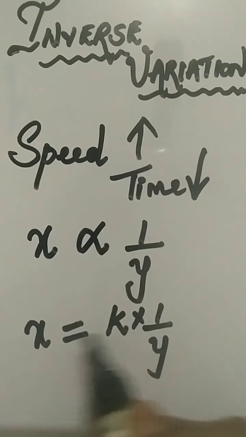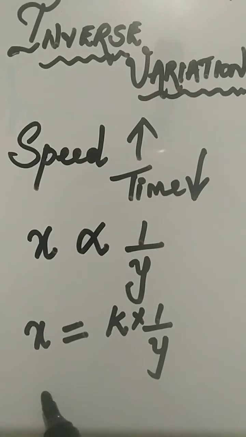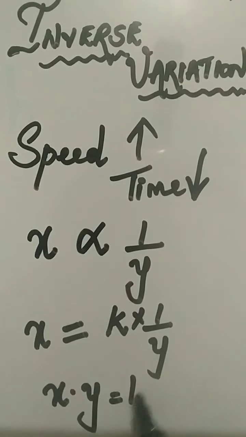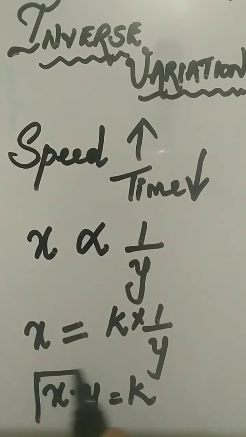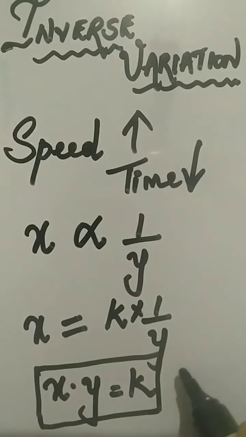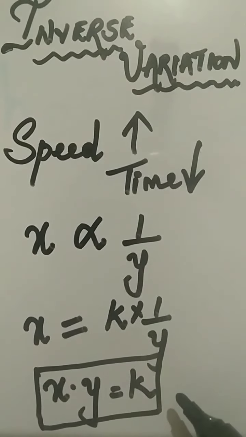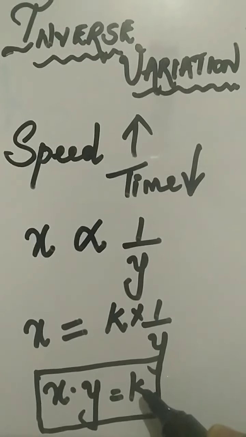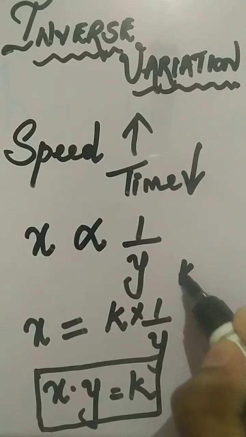Now, if I take this y to the opposite side, you will get x into y is equal to k. I'll highlight it. This is called the equation of variation, and k is called the constant.